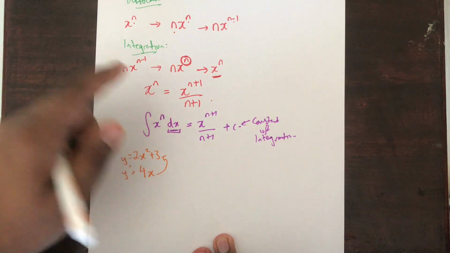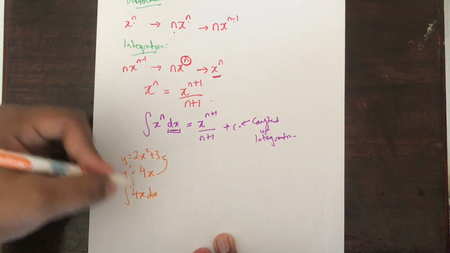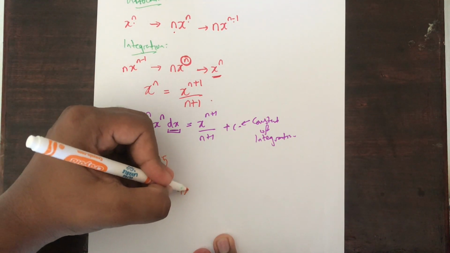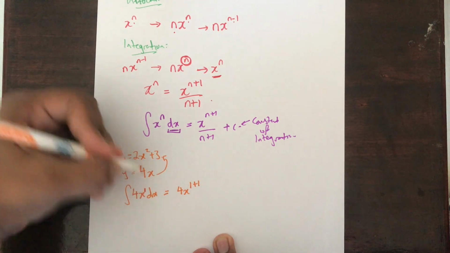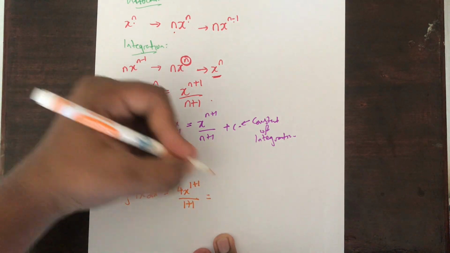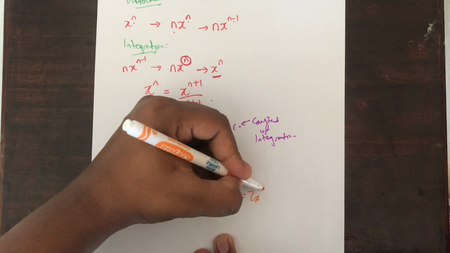Let's use the rule we learned. The integral of 4x will be 4x power n plus 1, which is 1 plus 1, because this is power 1, divided by the new power 1 plus 1. So that's 4x squared divided by 2, which is equal to 2x squared.